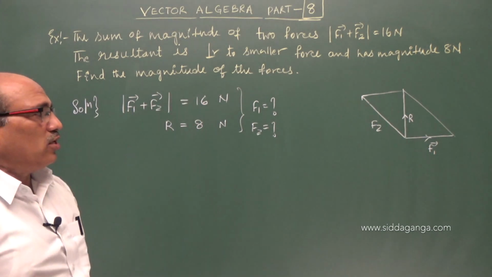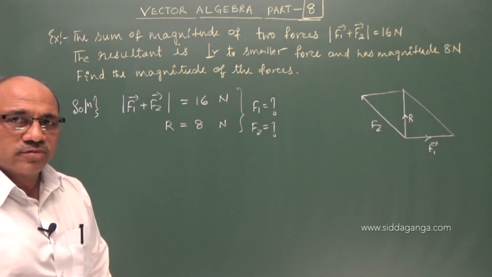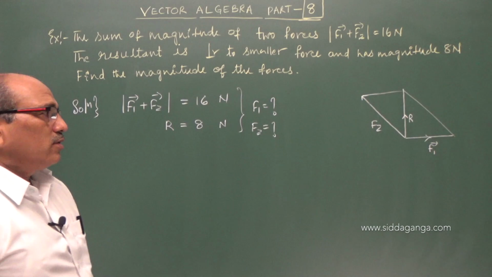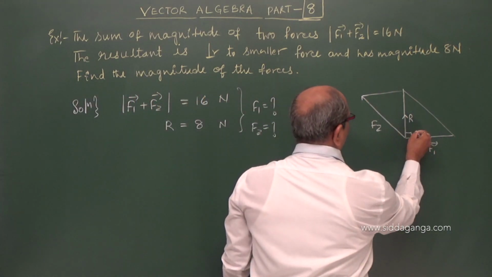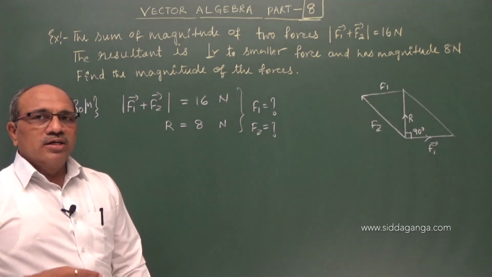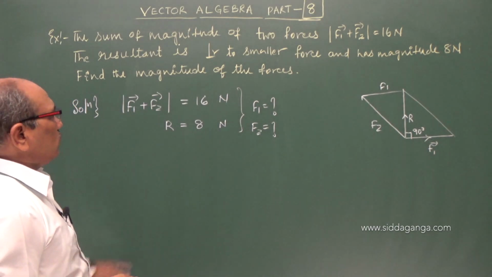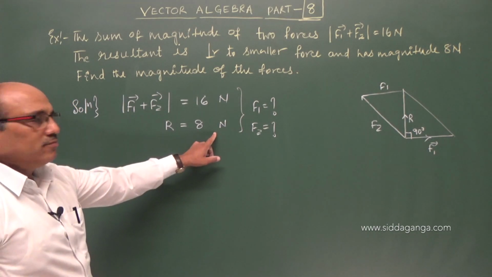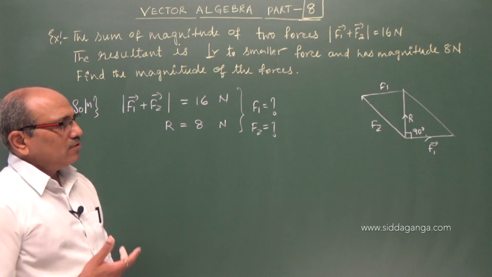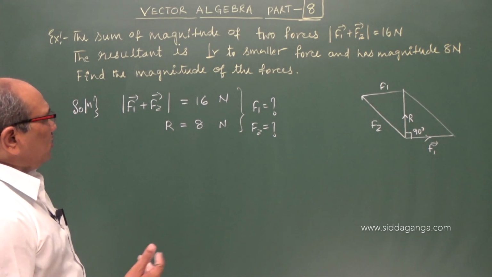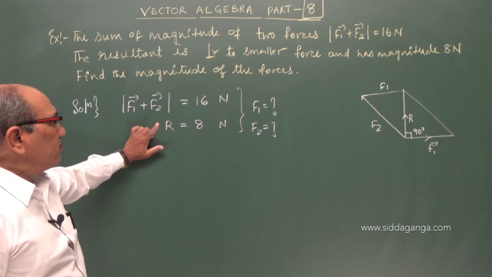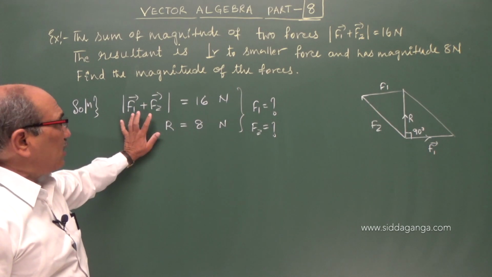What can we do now? The resultant is perpendicular to the smaller of the forces. F1 we have taken, no doubt, but you have the F1 plus F2 expression here. The resultant is perpendicular to one of the forces, at 90 degrees. This may be F1. Let us think slightly about what can be done here. You are given R equal to 8 Newton, and F1 plus F2 is 16. The resultant is not F1 plus F2 here; that is the sum of magnitudes.